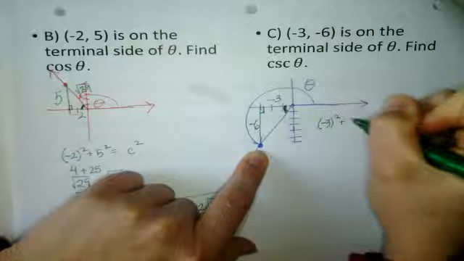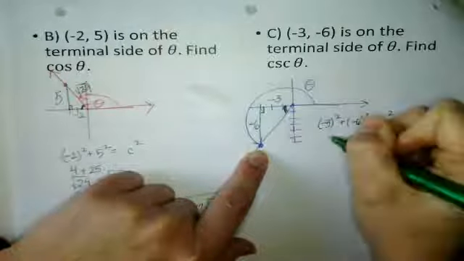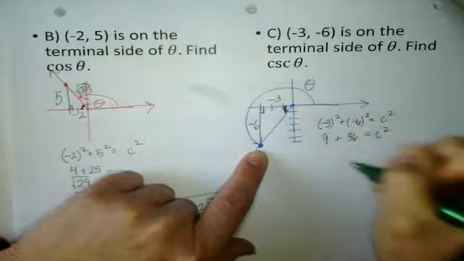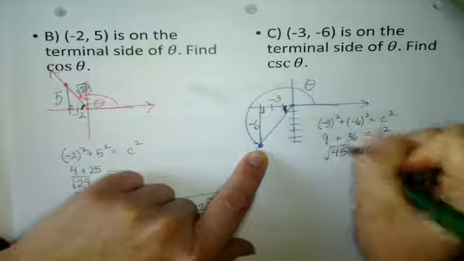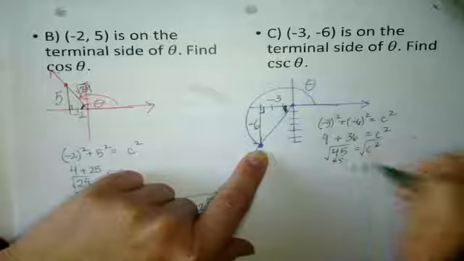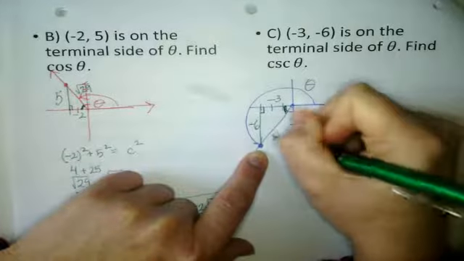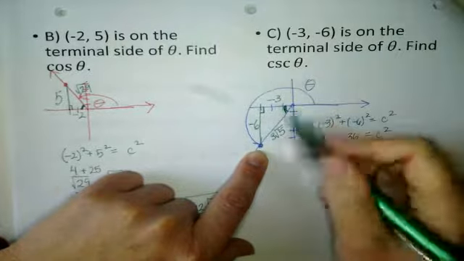So -3 squared plus -6 squared equals our hypotenuse squared. 3 squared is 9, 6 squared is 36, and that would be 45. We can take a square root of both sides, and that does simplify. 9 times 5, the square root of 9 is 3, so 3 radical 5. Again, it's always positive on the hypotenuse.